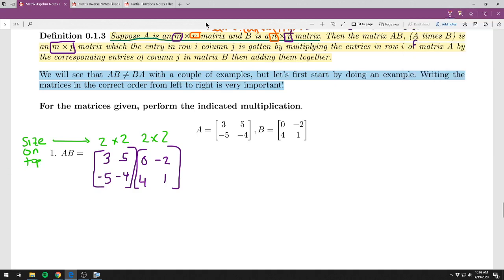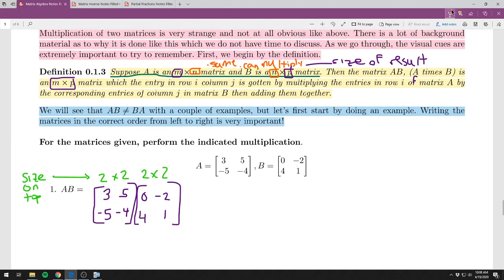All right, now what this part is saying up here is if the two middle numbers match, then we can multiply them. Two middle numbers being right here. If these match, which they do, 2 equals 2, that means we can multiply them.